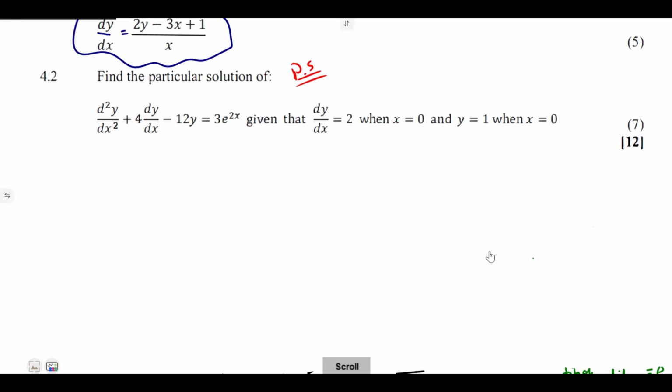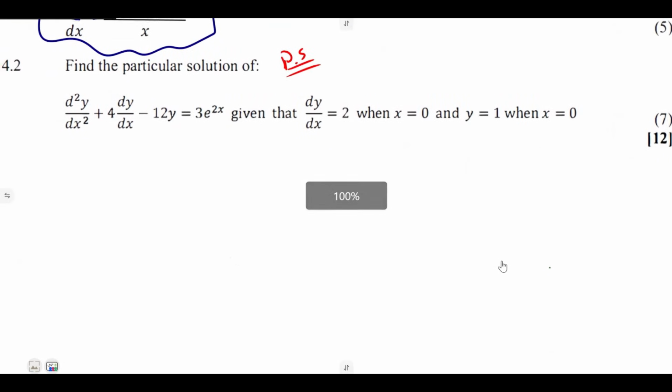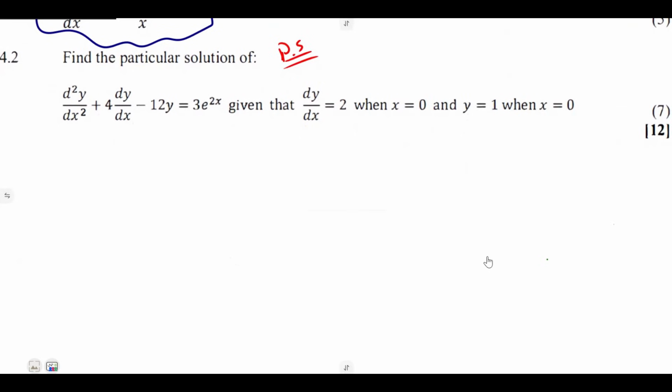The particular solution from the second order differential equation. We're now given the second derivative of y with respect to x. So for that, we must determine what we refer to as the auxiliary equation.